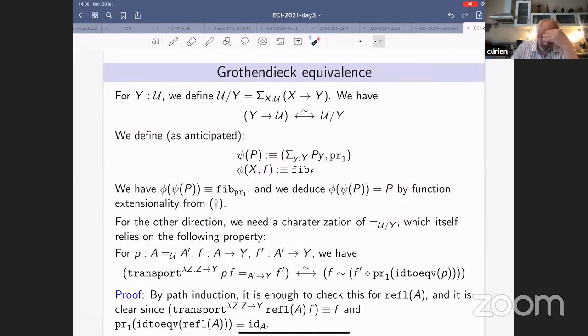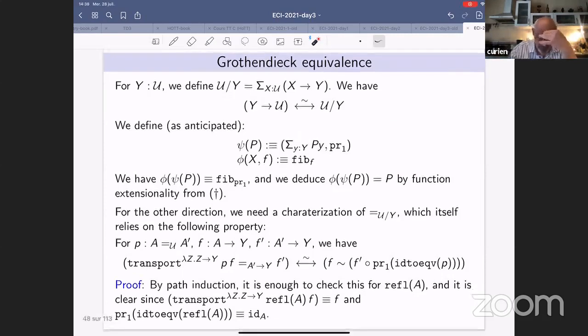Okay, so now let me remind you, I think I went through this last time. So the theorem, I already recalled it, and let me remind you that we already defined the two functions going here and here. So the first one takes a family, so the psi goes this way.